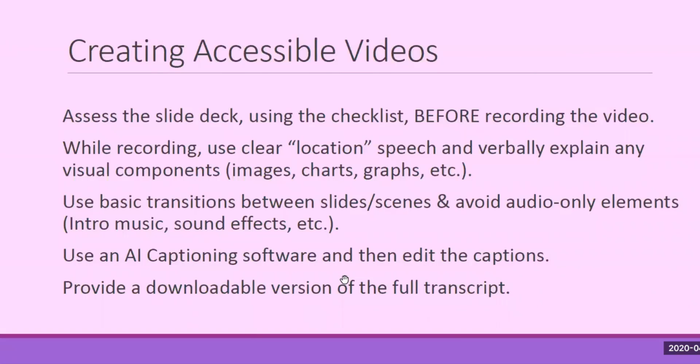And whenever possible, verbally explain the different visual components on your slides or scenes of your video. So if you have, for example, a pie chart that talks about demographics, you don't need to read every sliver of that pie chart and the data that goes with it, but you should say something like, "as you can see, 75% of students are whatever."